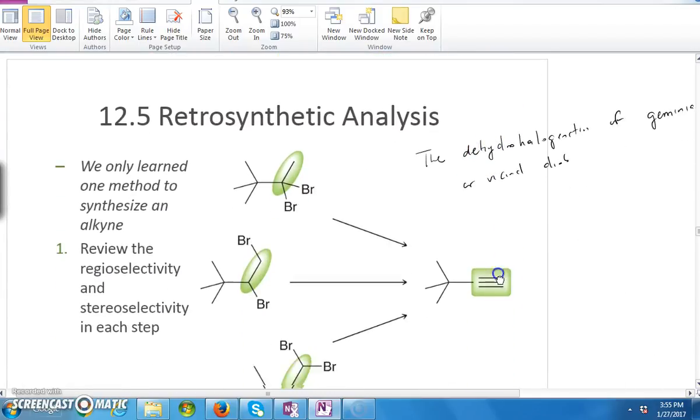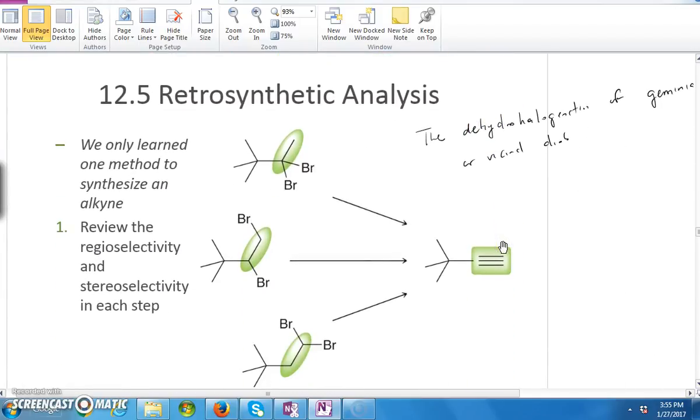All right, so we already learned a method to synthesize alkynes. We know that from the dibromide, you can start from either a vicinal dibromide, or you can start from a geminal dibromide. From a geminal or vicinal dibromide, you can make the terminal alkyne.